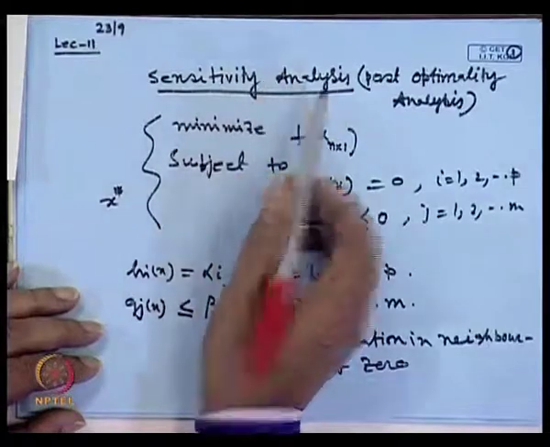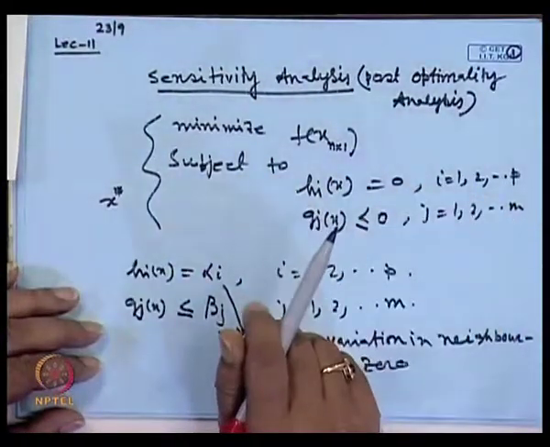So, next, if you consider our first slide of this, we have done the sensitivity analysis, the post optimality analysis. That means if there is some change in parameters and equality constraints, we have studied its effect. From there we drew a conclusion that mu_j, the Lagrange multiplier associated with the inequality constraint, must be greater than or equal to 0, a non-negative number, when we are dealing with minimization of a function, under an active constraint.